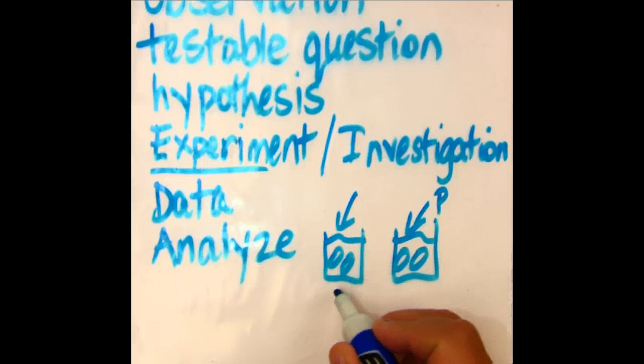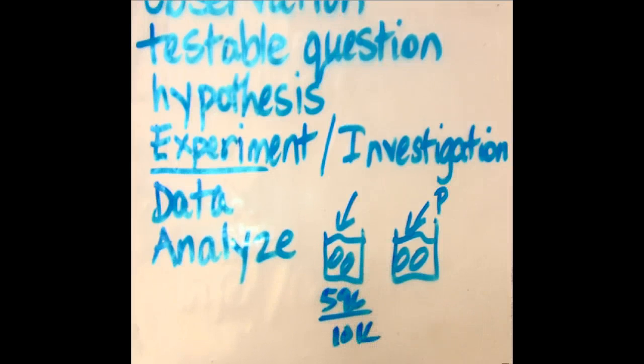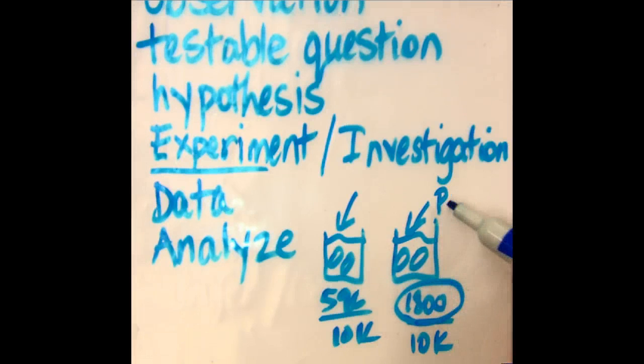And in this one we said that 596 out of 10,000 died, and in this one we said 1,800 out of 10,000 died, and that K means thousand. And so we looked at it and we determined that 1,200 mussels actually would have died in the tank with the phosphate, and that's a pretty significant number.